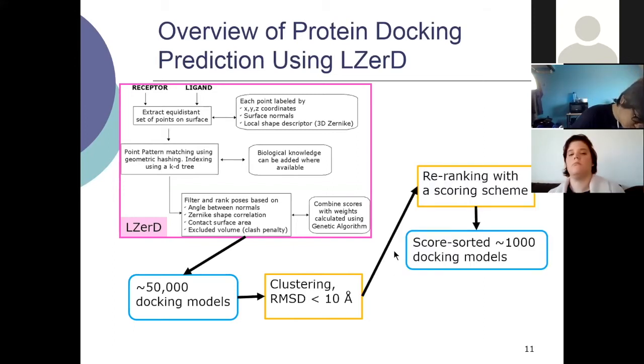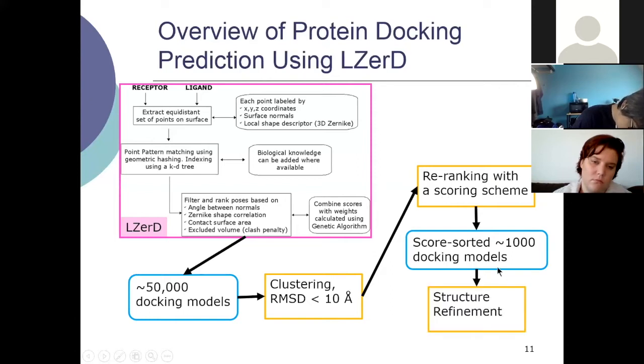Actually, there are two steps of ranking. One is shape-based ranking using the Zernike descriptors and angles, and the second step is using an atom-based scoring function.